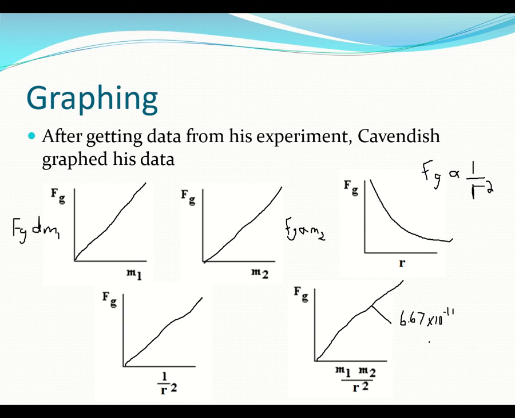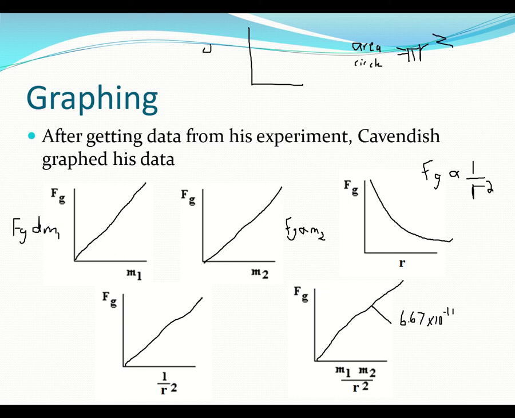So what this tells you is that this 6.67 times 10 to the negative 11 must be a special number, right? We can relate it to the area of a circle, which is equal to pi r squared.